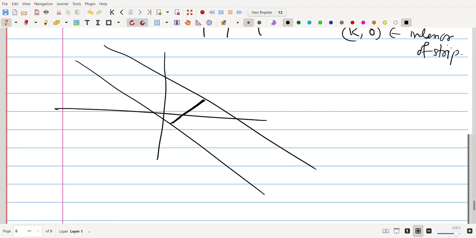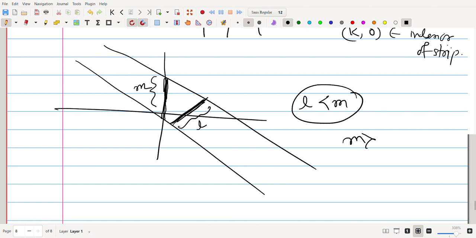It is easy to check that this length is always greater than this length, because these lines are parallel to each other, but not parallel to any coordinate axis. So if I call this length L and this length M, then L is strictly less than M. If L is greater than 1, then M is also greater than 1, and the reason is the same as above.